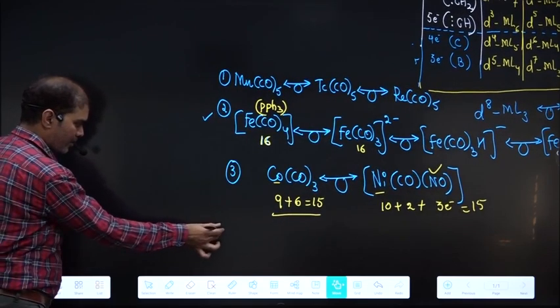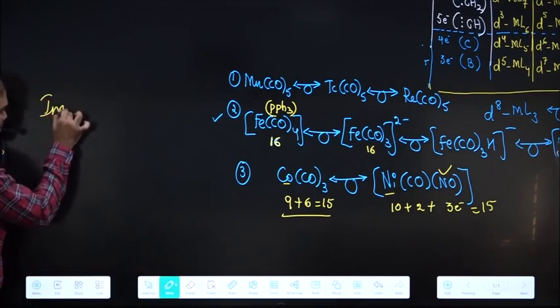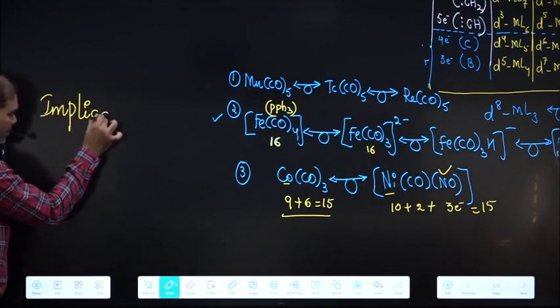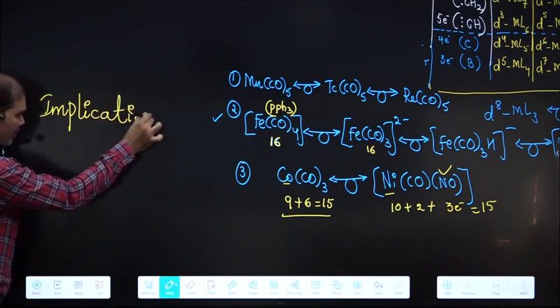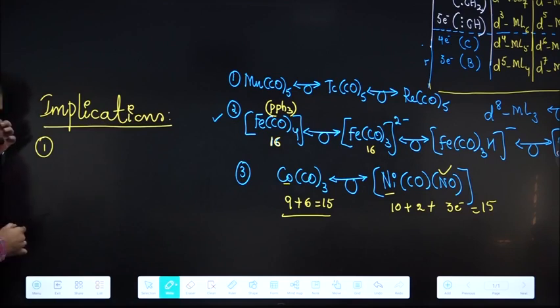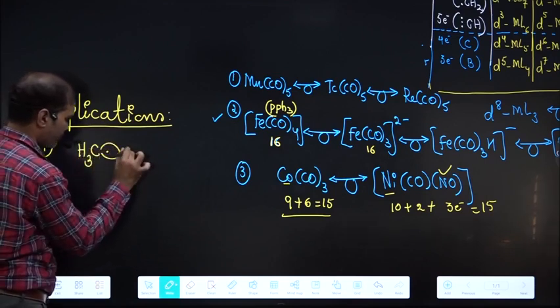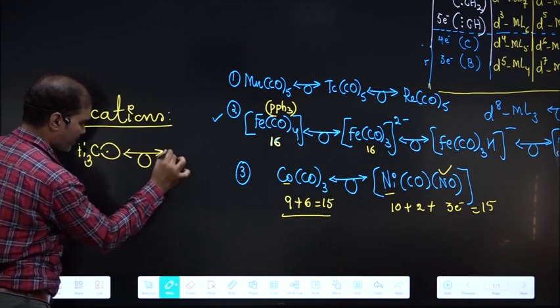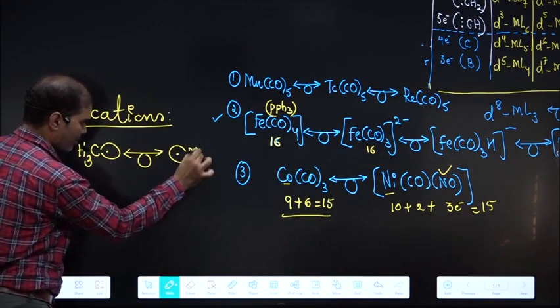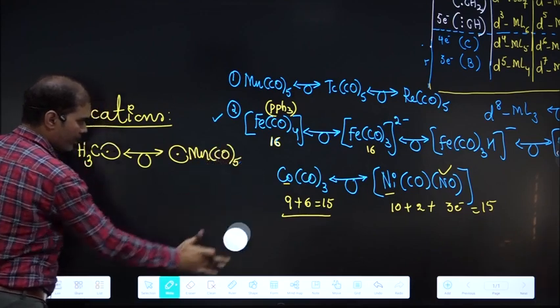So with respect to analogy, implications: where do we apply them? We have to study implications. First one, write down this.